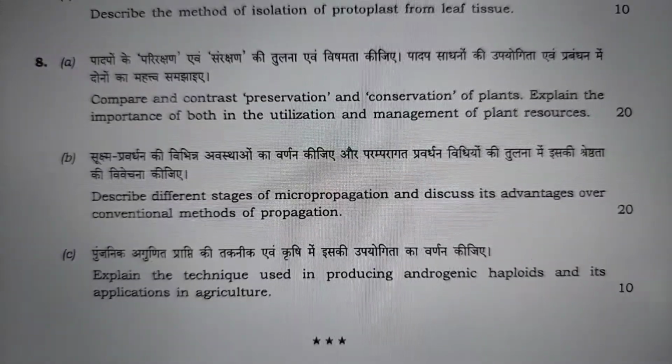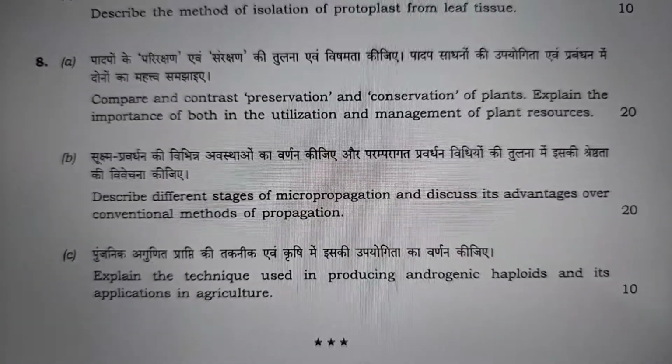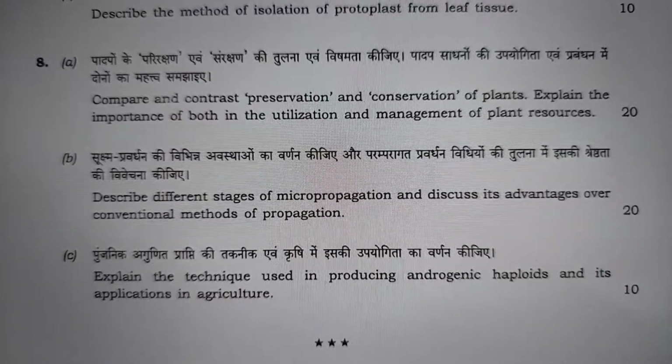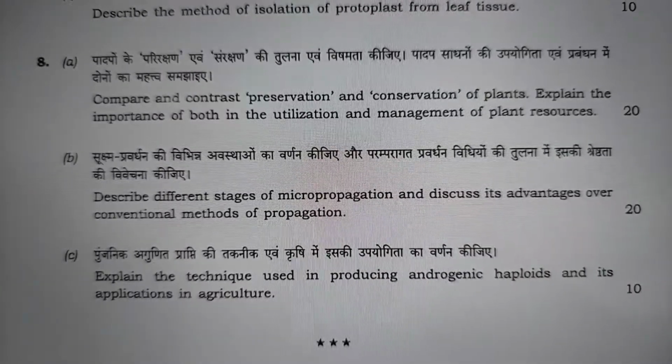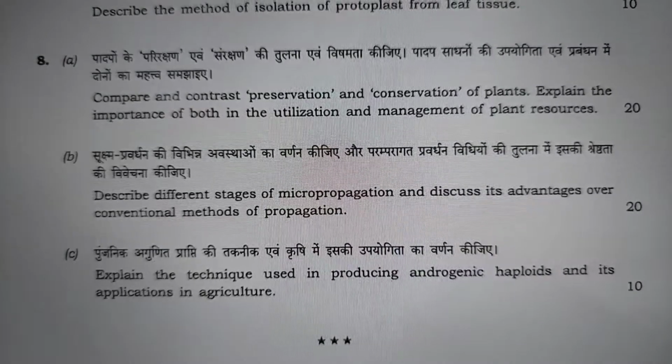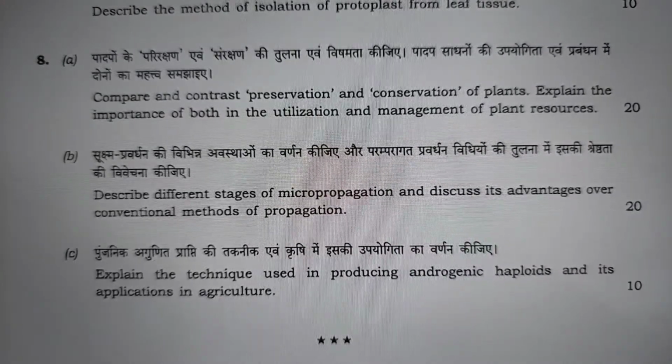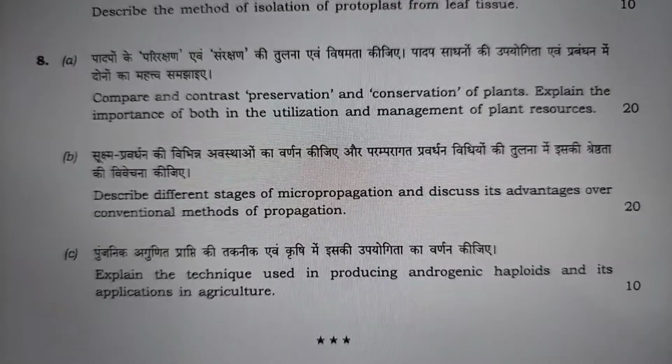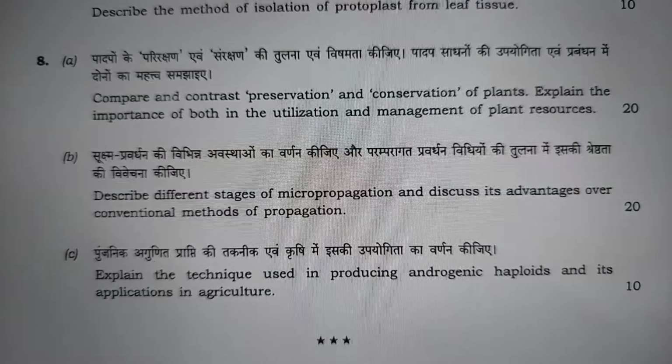Option B is describe different stages of micropropagation and discuss its advantages over conventional method of propagation, total 20 marks. Describe different stages of micropropagation, 10 marks, and discuss its advantages over conventional method of propagation, 10 marks.